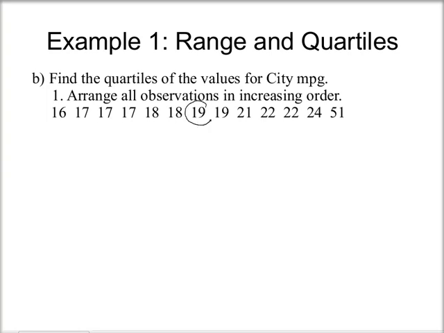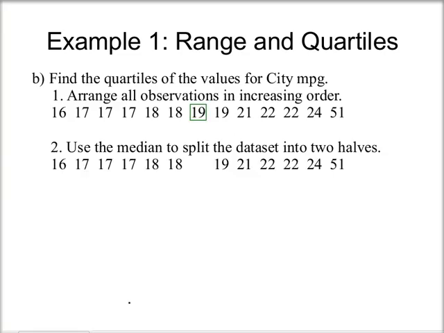So my median is 19 here. I'm going to use that to split the data set into 2 halves. Since I've got an odd number of observations, I'm just going to leave out this 19. My lower half is going to be this side here, everything from 16 through that 18, and my upper half is going to include the second 19 and everything up to 51.